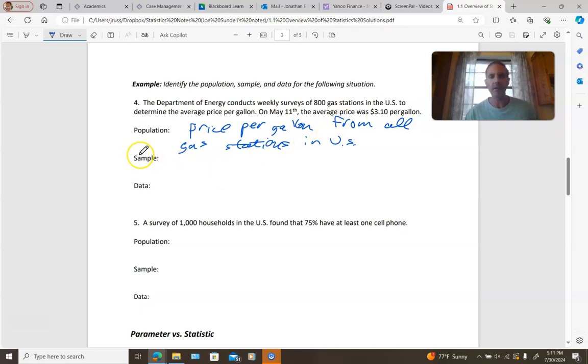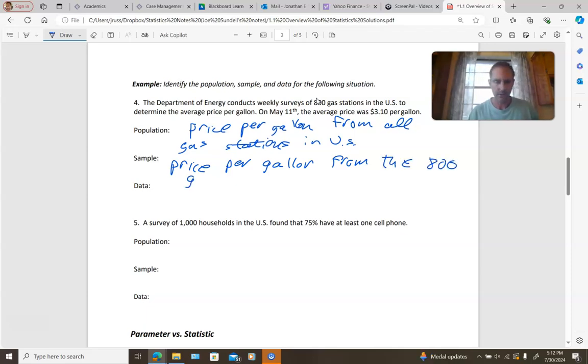All right, and then the sample would be the price per gallon from these 800 gas stations that were sampled, okay? So price per gallon from the 800 gas stations.